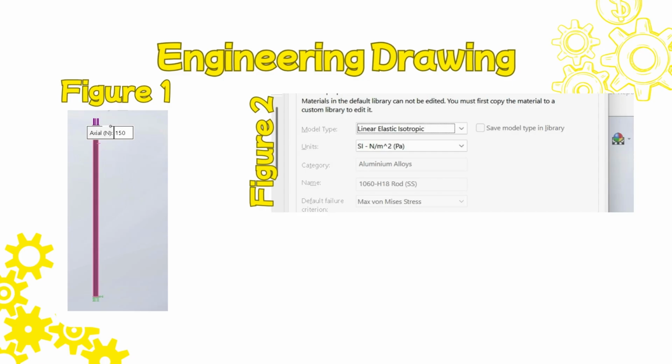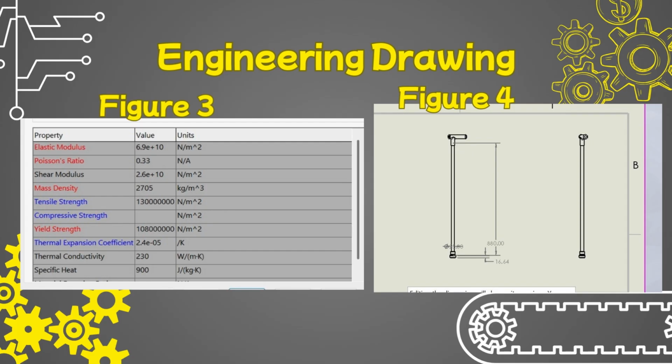The material chosen is aluminum alloy because it's light and strong, with a yield strength of 108 megapascals. To run the test, we used static analysis. We fixed the crutch from the bottom and applied a vertical axial force of 150 newtons on all three lengths. This simulates the user's weight leaning on the crutch.